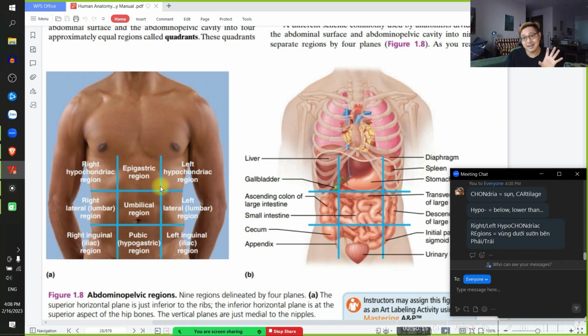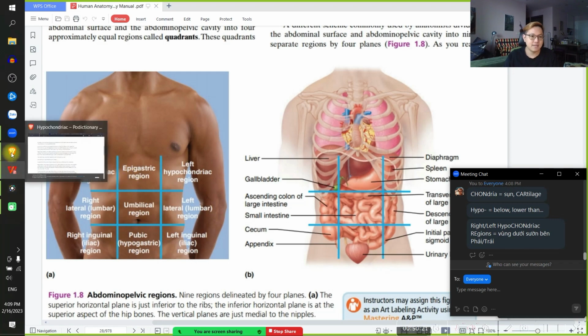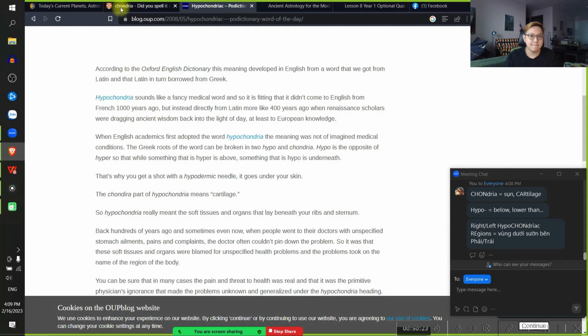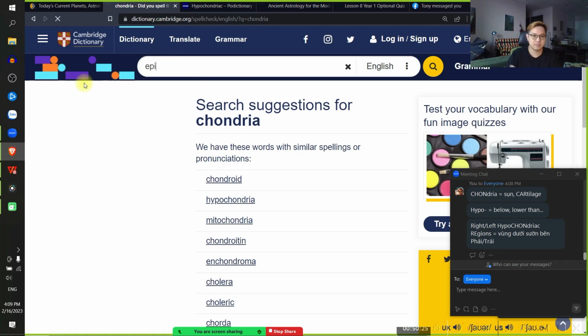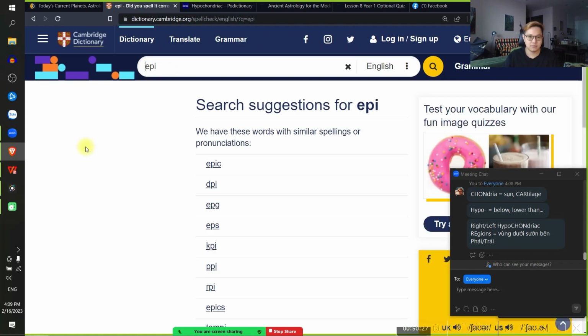All these words you can separate into parts. Look at the word epi. Epi is like outside, I think.